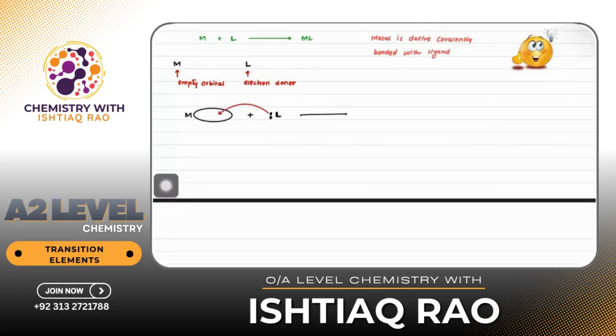So it's known as ML. So it's a dative covalent bond, right? This is an introduction of a dative covalent bond.